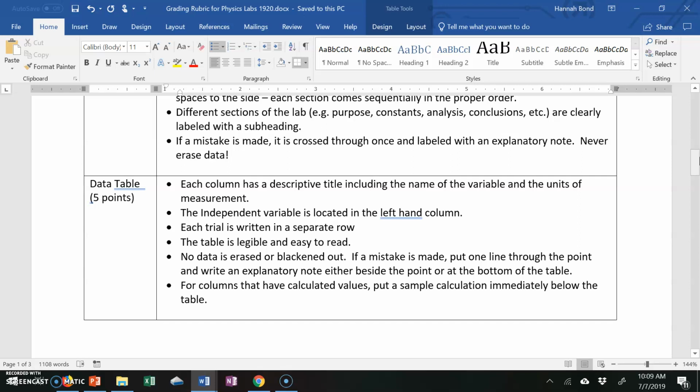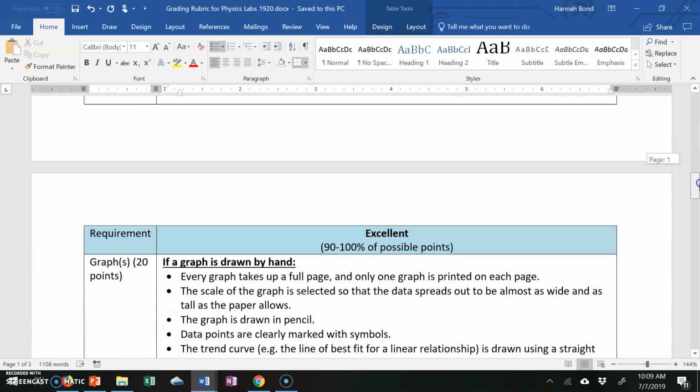So you would show the details of the calculation for a single row of the table. The reason you're doing that is so that your reader can understand exactly how the values in that column were calculated.